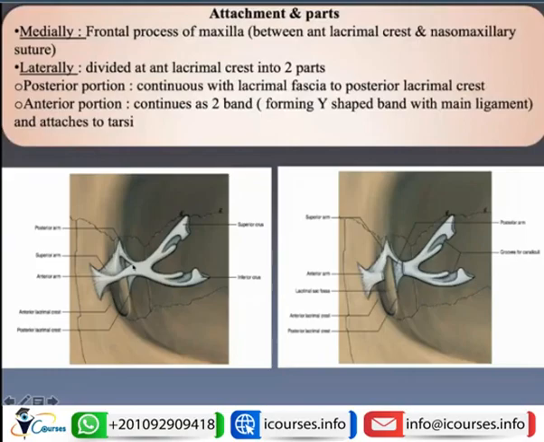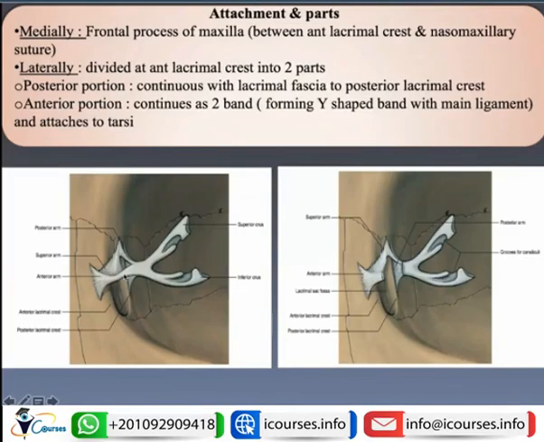So what will be the attachment? As you can see here, the medial attachment of the medial palpebral ligament will be between the anterior lacrimal crest here and the nasomaxillary suture here. Again, it will be between the nasomaxillary suture and the lacrimal crest. The posterior attachment is from this medial attachment.